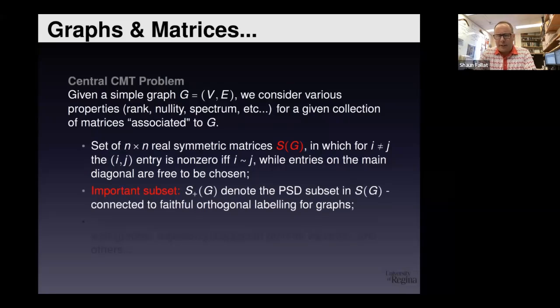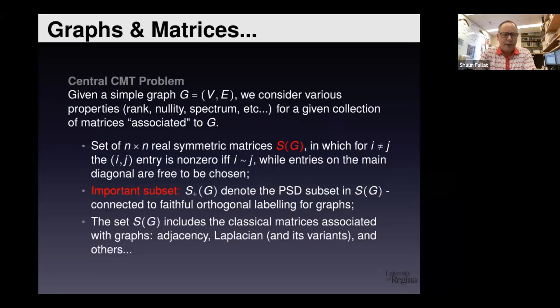I mention here quickly, it comes up a little bit in this world, but not so much, but folks might be interested: the positive semi-definite matrices that sit inside this class S of G are of interest, and sometimes play a role, particularly with q of G equal to 2.